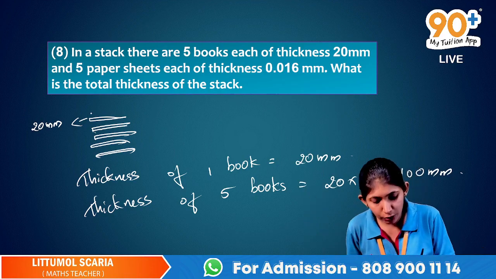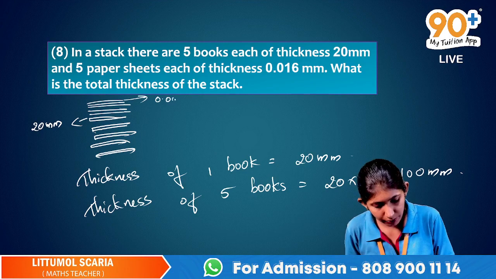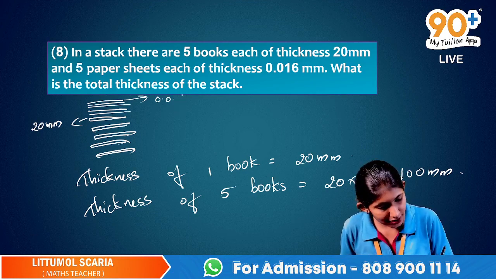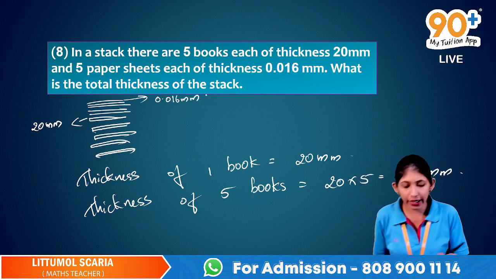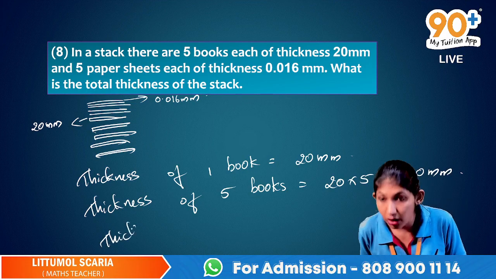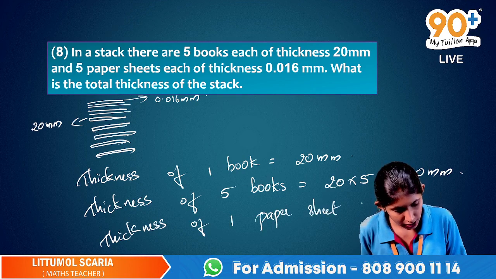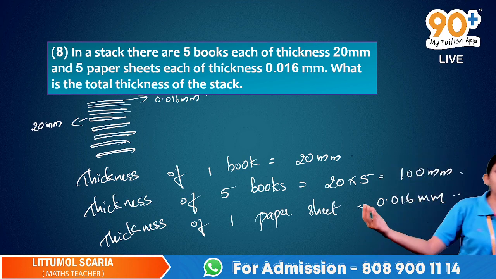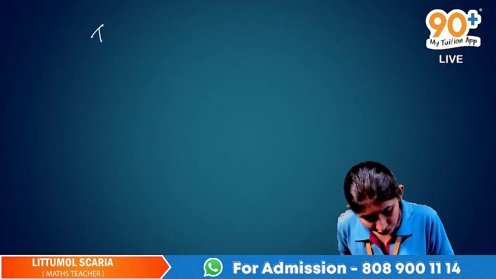Now what else is there along with this? There are 5 paper sheets, a very thin paper sheet. So 0.016 millimeter is the thickness of a paper sheet. Thickness of one paper sheet is equal to 0.016 millimeter; this is just writing the given data, nothing more. Now how many are there? 5 are there, right?